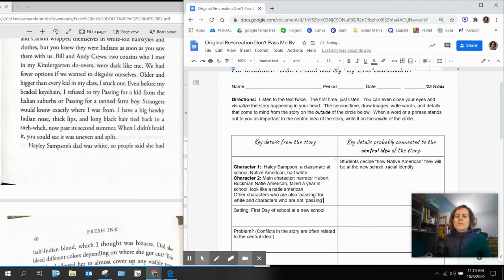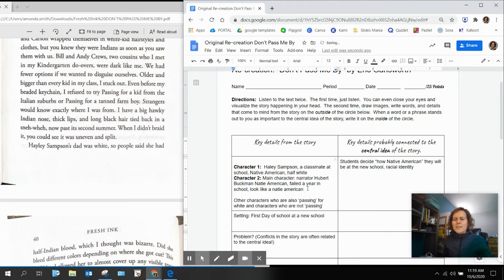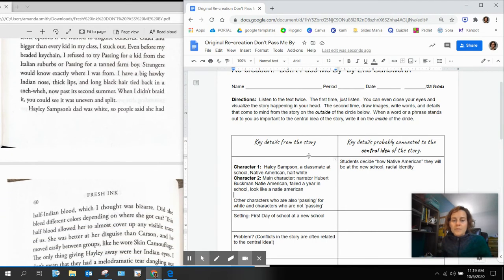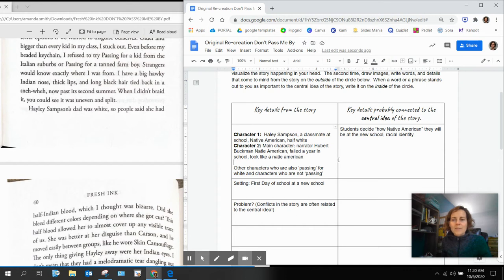Okay, so it's interesting that of all the characters, we're on the second page of this story, and he's told us what everybody's skin looks like. We know which of these students are passing as white and which of these students are not passing as white because they just look too Native American. Okay. And that seems to come up as a central idea.